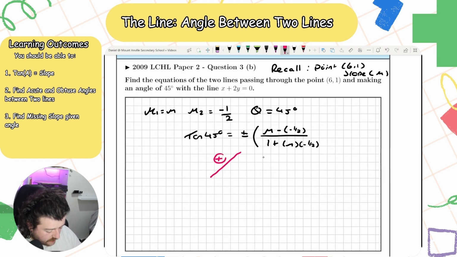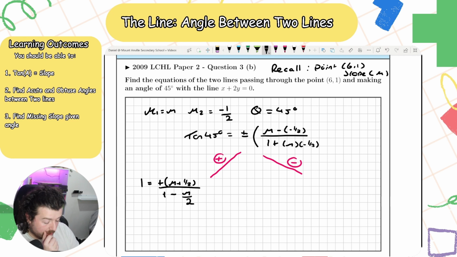Take the positive, take the negative. So I'm going to have 1 is equal to plus m plus 1/2, because minus -1/2 is plus 1/2, all over 1 minus m over 2, because m times -1/2 is minus m over 2.